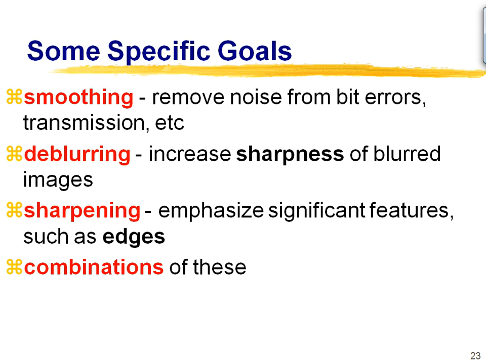Another property that we want to have in our image. Now sharpening is pretty much the same. Okay? Sharpening is the same thing as de-blurring. And of course, we could potentially be looking for a combination of all of these. I may have an image which is noisy and blurred together.